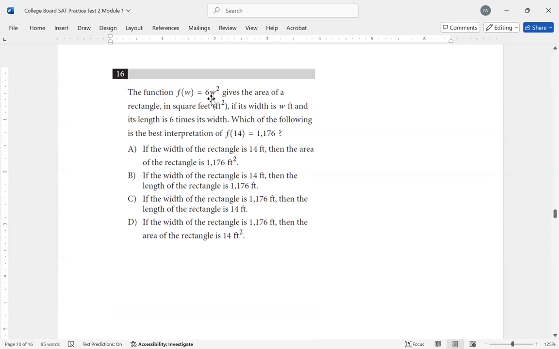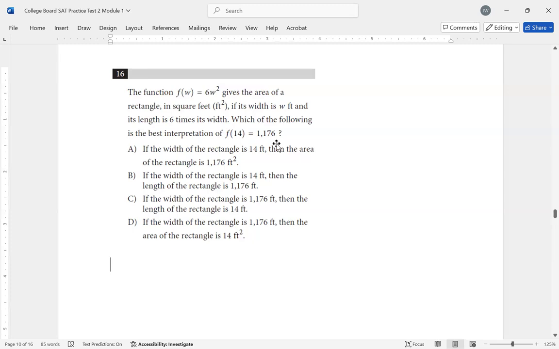But the function is having input of w, and 6 times w squared gives the area. The w that we're inputting is the width of the rectangle, and then the length is 6 times the width. And so what this f of 14 means is that when you have a width of 14, the area of the rectangle will be 1,176.